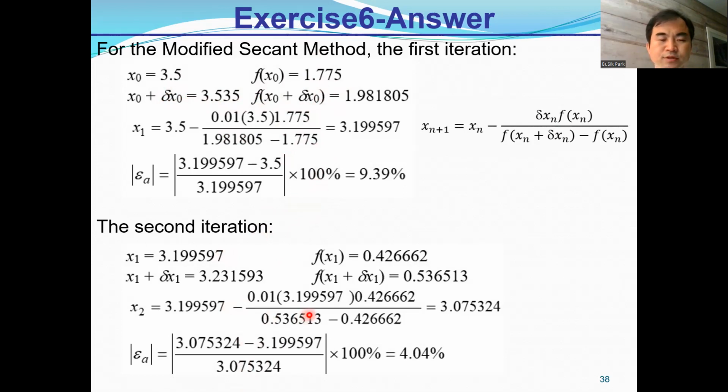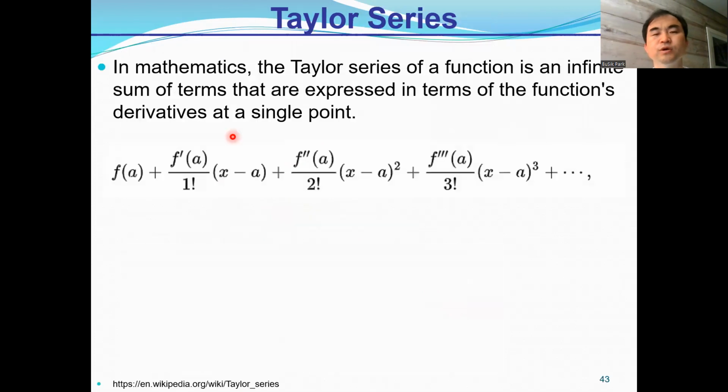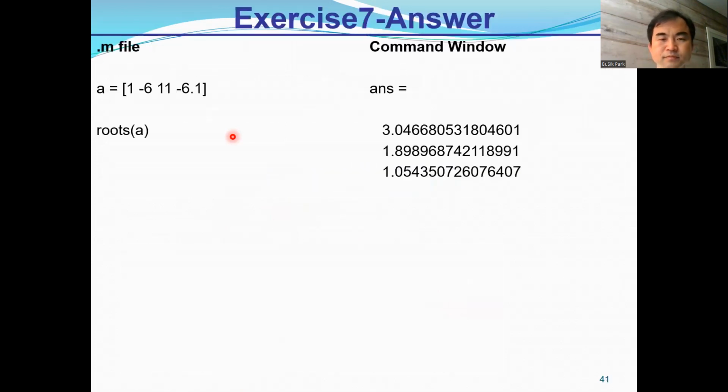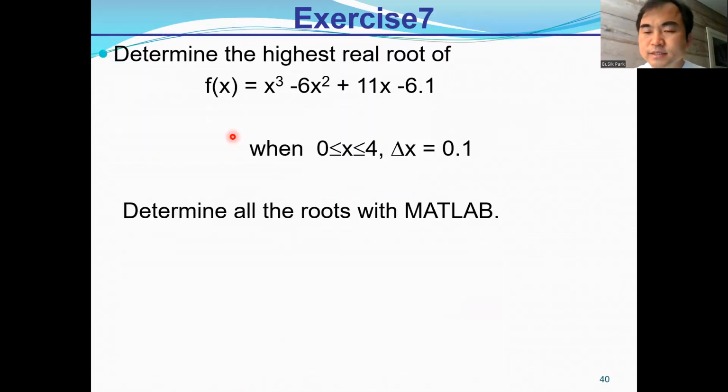And the second iteration, okay, third iteration using the modified secant method. And the Taylor series, no, that's a mistake. So exercise 7 is to determine the highest real root of the same f(x) equation using a MATLAB function.